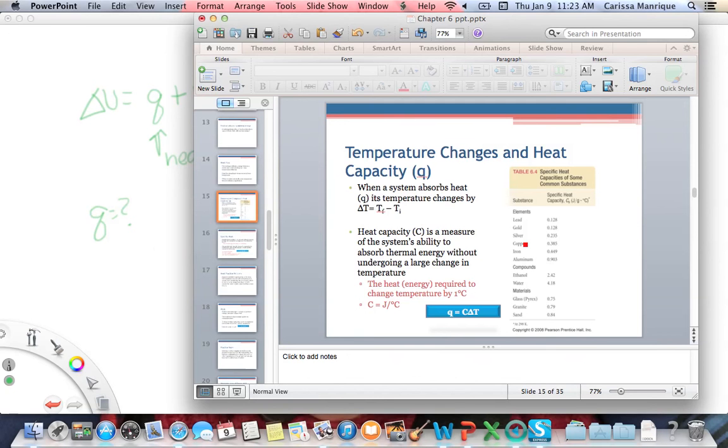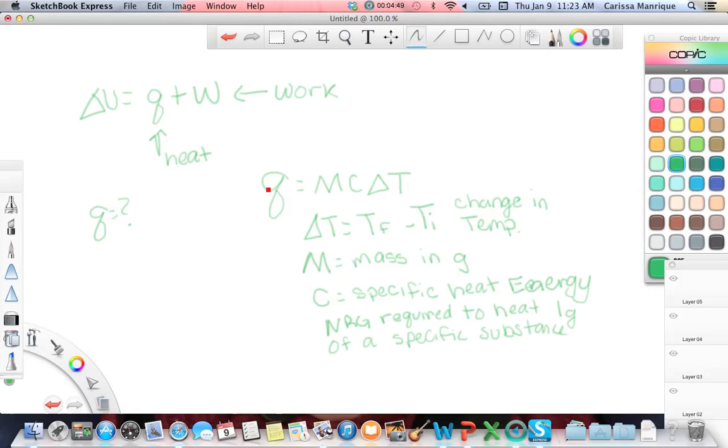And this is a constant. You have to look it up. Usually they'll give it to you in the problem. Every once in a while they'll say to look it up. So we have Q. We look at how much mass we have, the energy it takes to heat up that mass, and the change in temperature that you get. And that is Q.